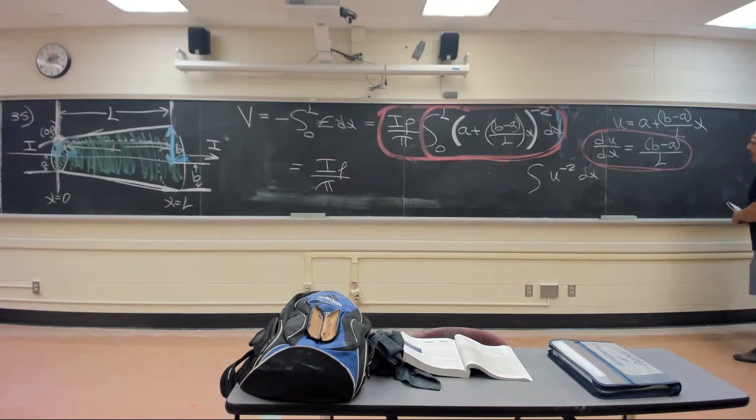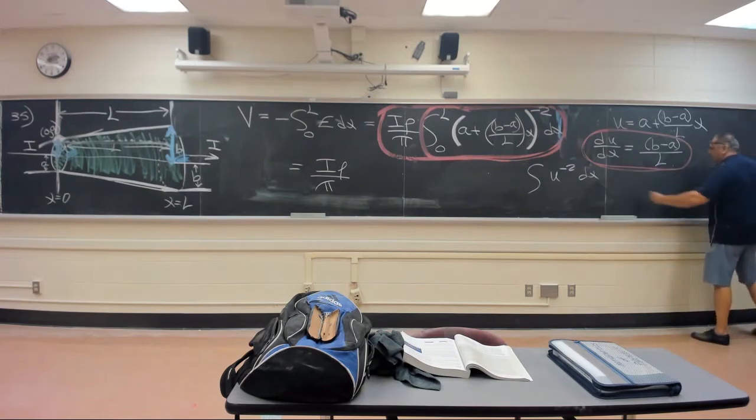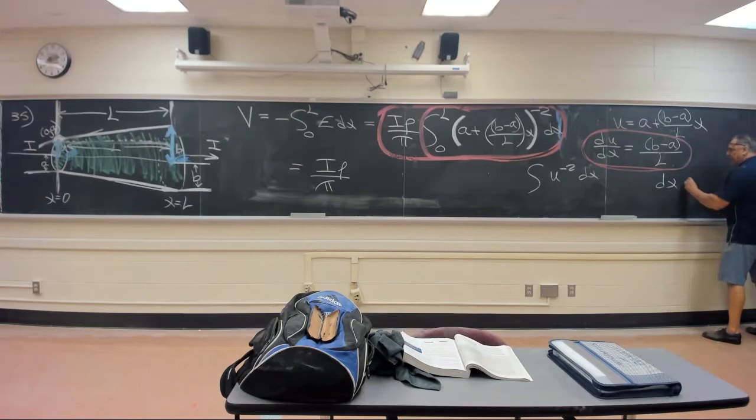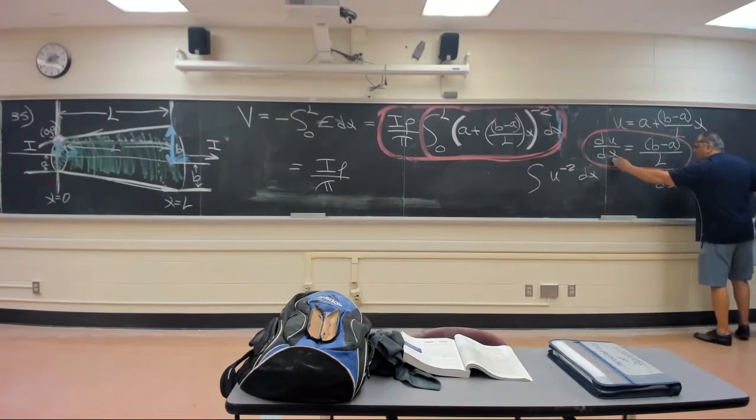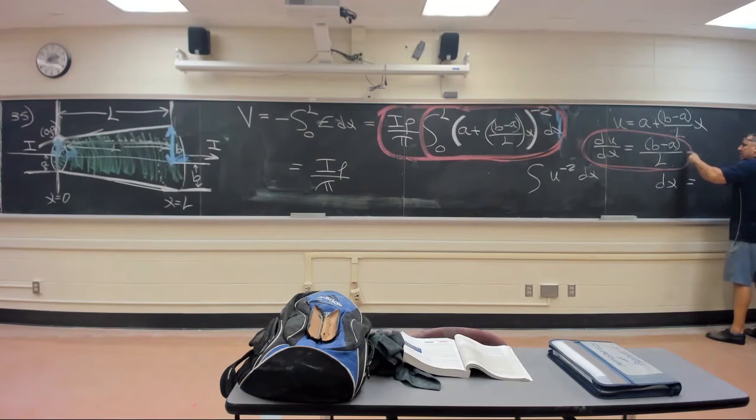How would you solve that for dx? What do you say you multiply by dx on each side, then multiply by the reciprocal of this on each side, which is L over b minus a, and the du was there.